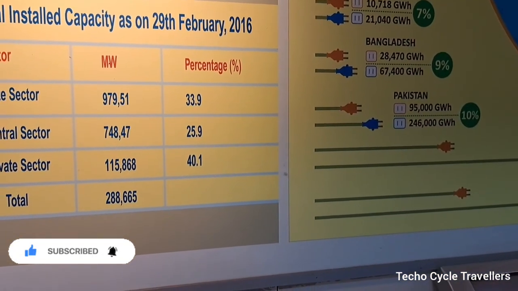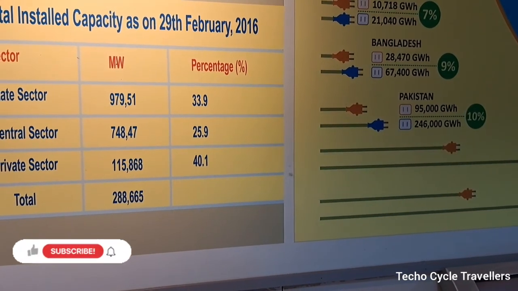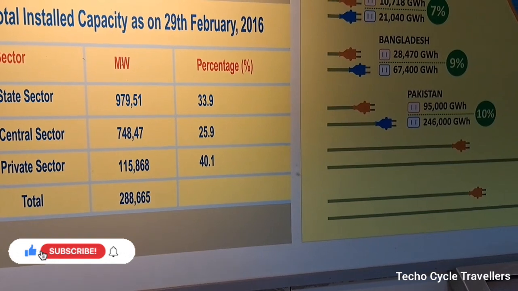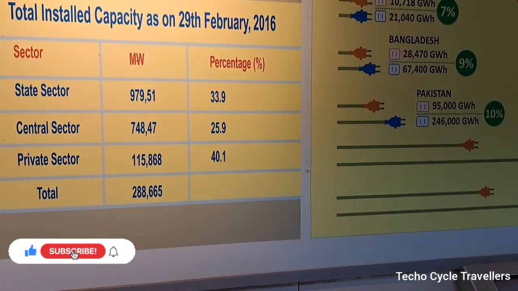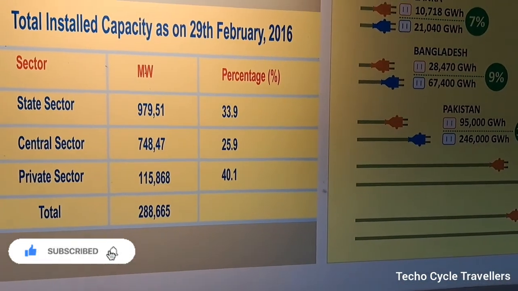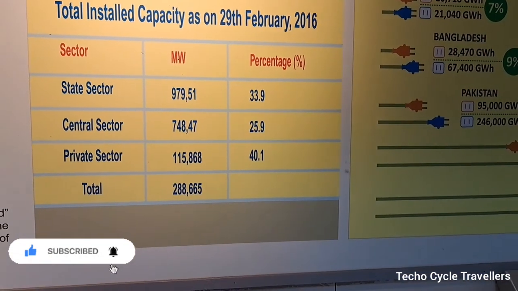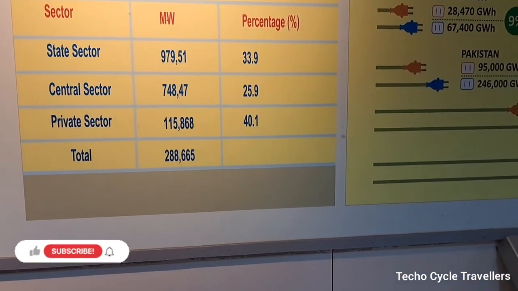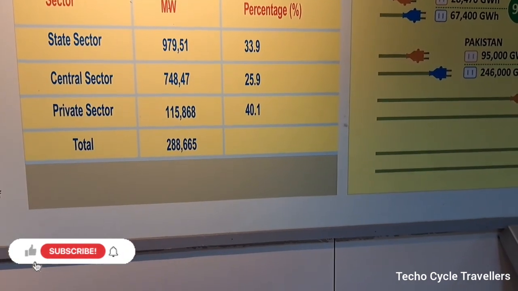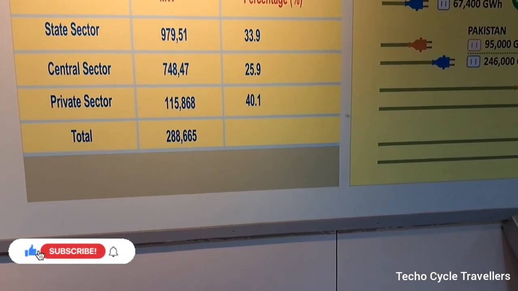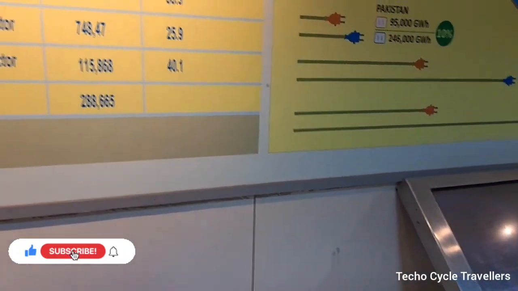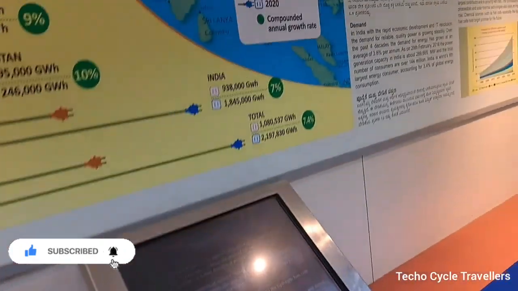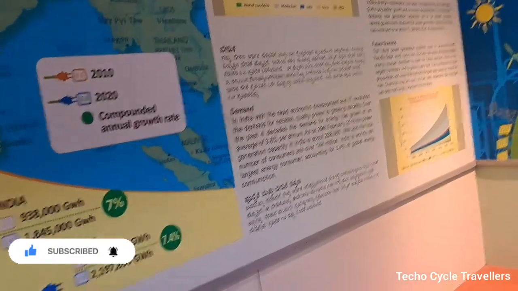Private sector, 1,15,868 megawatts, 40%. Total 2,88,665 megawatts installed. Demand is more. Supply is very less. Energy demand in South Asia by 2020.